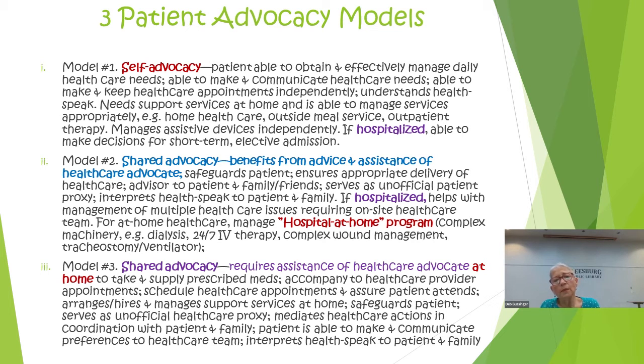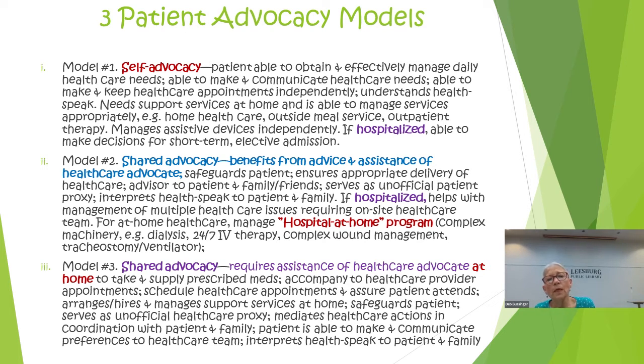So, the first model is self advocacy, and that's where the patient is able to obtain and effectively manage daily healthcare needs. Probably a good 50% of folks will wind up being able to use this model. They'll be able to manage the day to day things that are needed to support their healthcare needs at home or in the hospital.